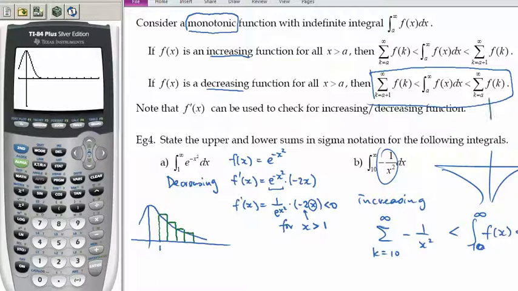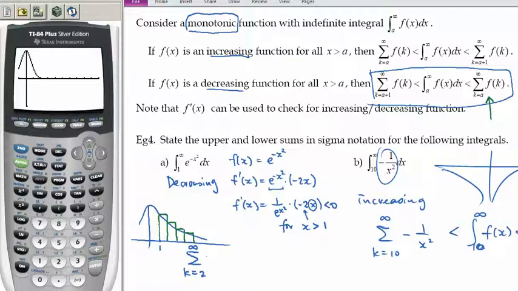So it is the left hand sum that will give us the maximum value. And that means the right hand sum will give us the lower estimated value.